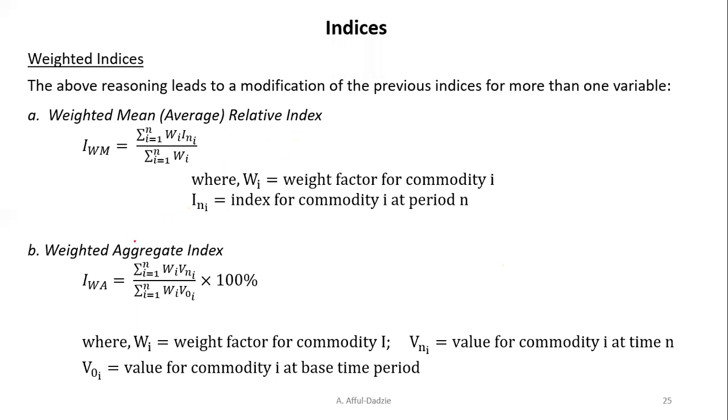And for the weighted aggregate index, we will multiply each of the values with the respective weights, and divide by the sum of the values at the base period, also multiplied by the respective weights, and multiply by 100.